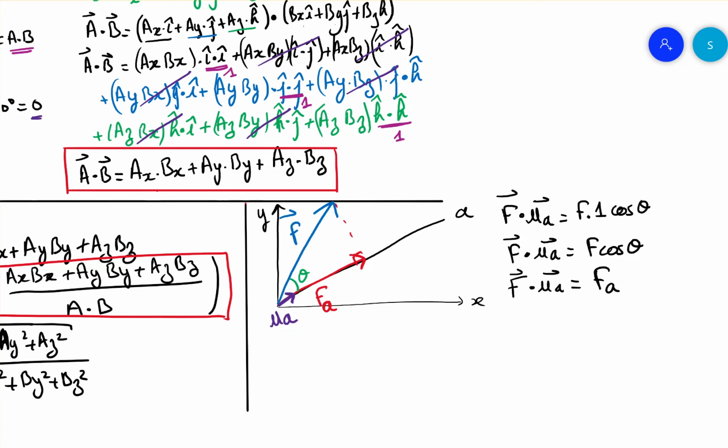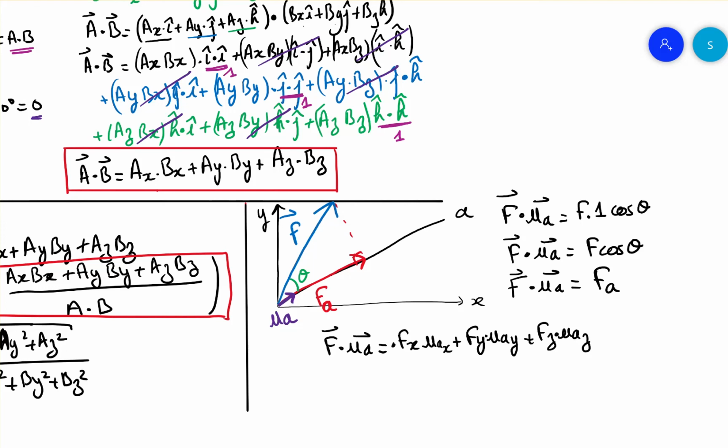And how do we find F dot product UA if we don't have cosine theta? We use the second formula. So we also have F dot UA that is equal to Fx UAx plus Fy UAy plus Fz UAz.